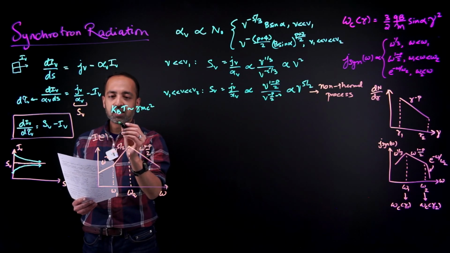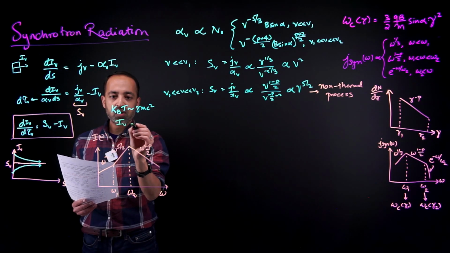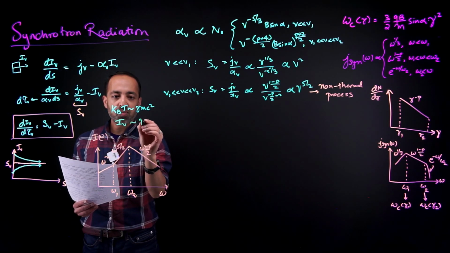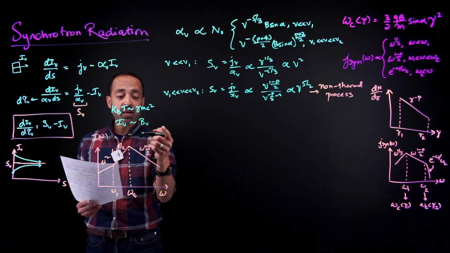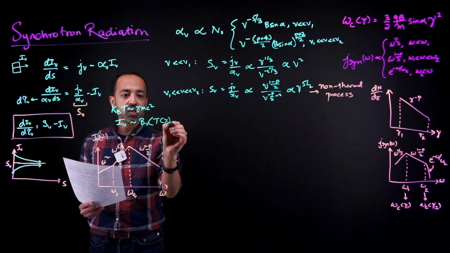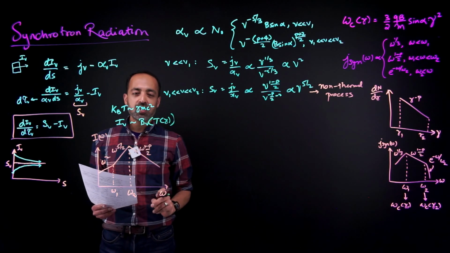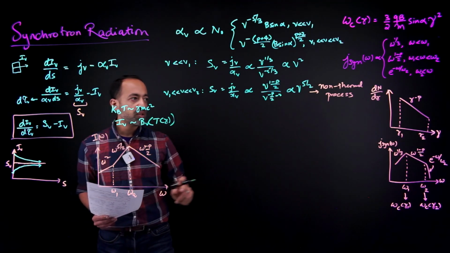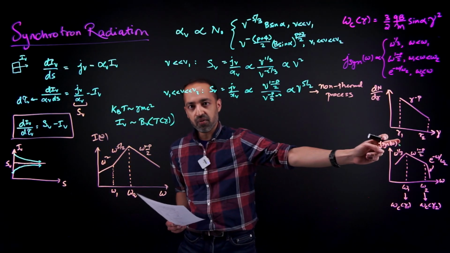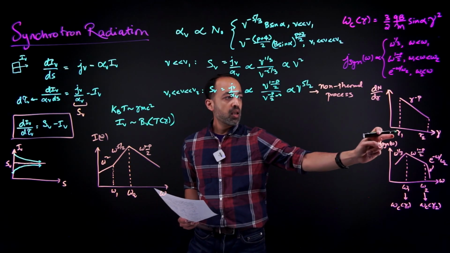So in other words, the observed spectrum at a given frequency, I nu, is going to be the Blackbody spectrum, or the effective Blackbody spectrum, at the temperature corresponding to the Lorentz factor of the electrons that are radiating at that frequency. So in other words, these electrons have an effective temperature, right? It's this gamma mc squared over k.